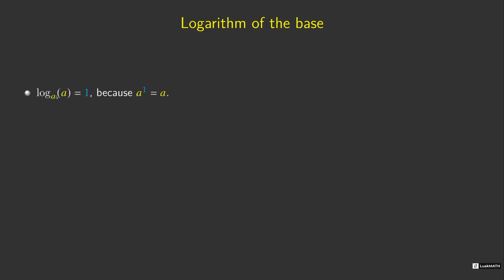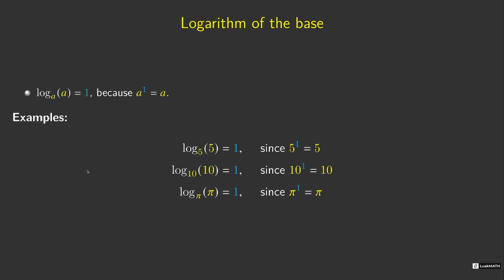You ask the question, what exponent of a produces a? It will be a raised to 1. So let's look at some examples. What is the log of 5 to base 5? That equals 1, since 5 raised to 1 equals 5. You are asking the question, what exponent of 5 produces 5? It's 5 raised to 1.